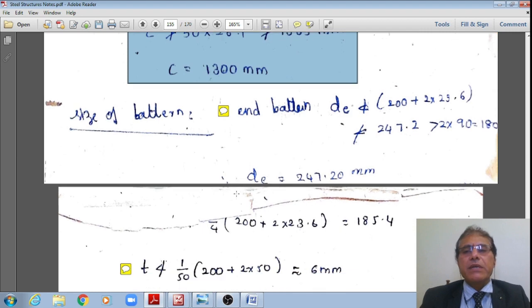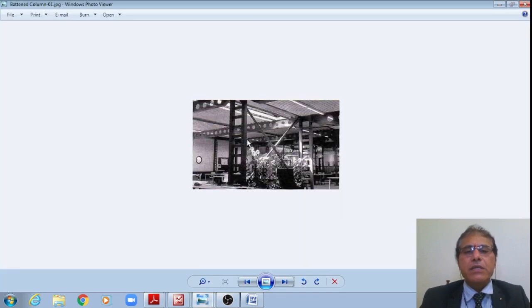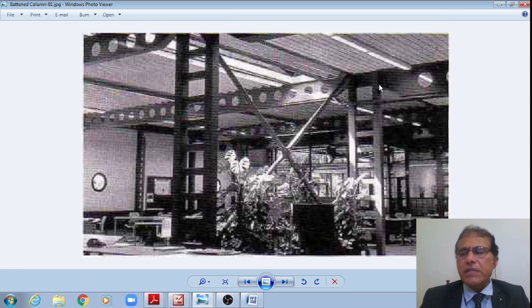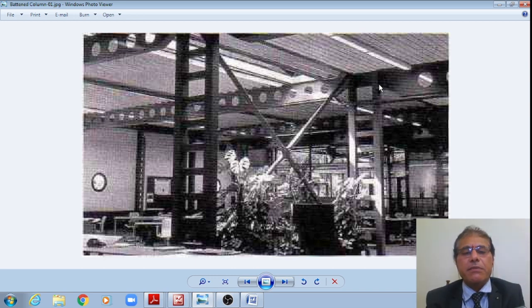However, it will be fixed from a practical point of view, because I have this length as 9 meter. If I divide 9000 by 1300 mm, I will get 6.9. Therefore, that is not acceptable. Therefore, I'll say 7 spaces.